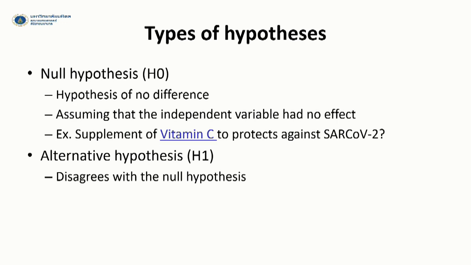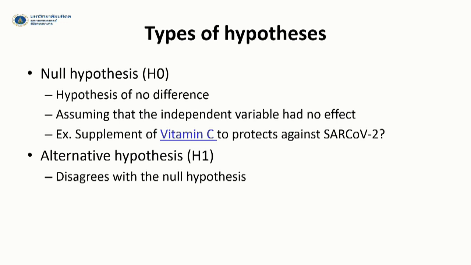Now, I want to give you some more of the concept about when you design the types of hypothesis. Many years ago, I believe you studied the concept of null hypothesis before. The null hypothesis we call H0, and the alternative hypothesis we call H1.